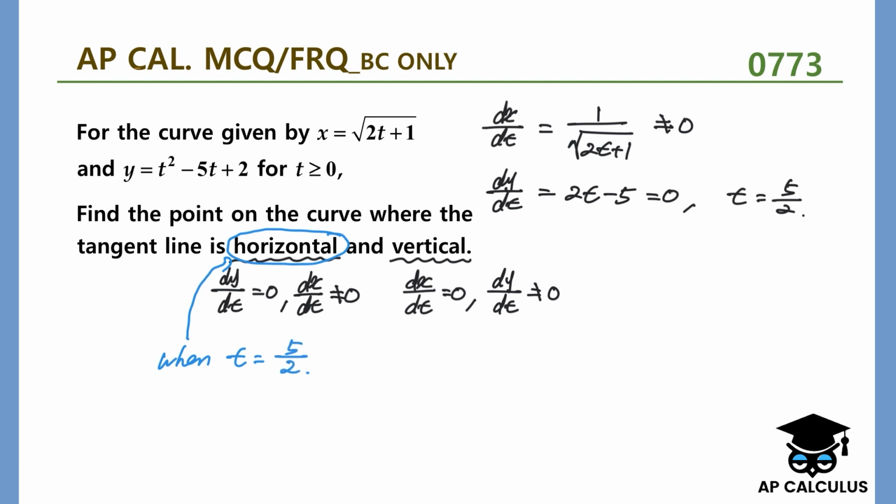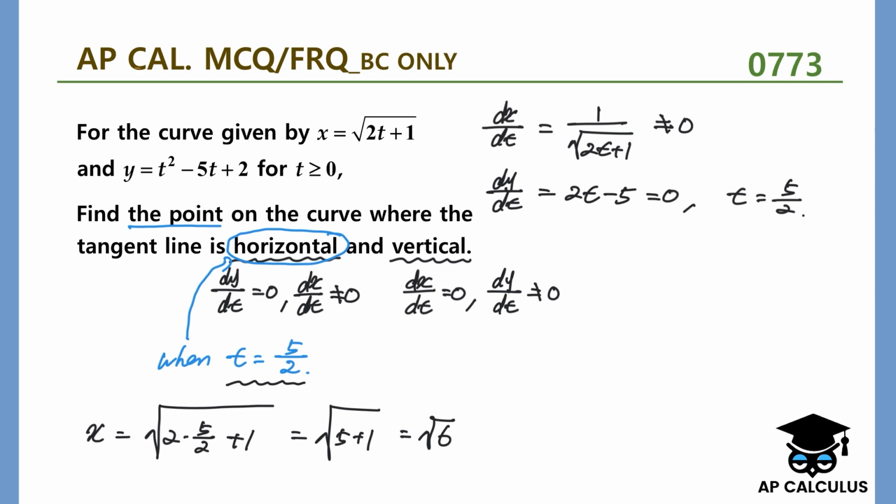And the question is to find the point on the curve where the tangent line is horizontal, right? So the point at t equals 5/2: x is equal to square root of 2 times 5/2 plus 1, which is equal to square root of 6, right?